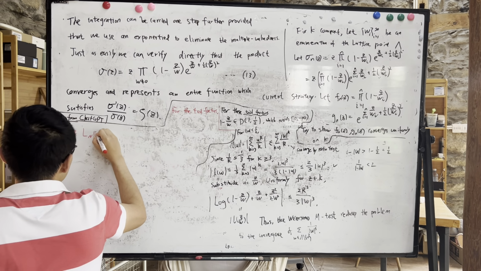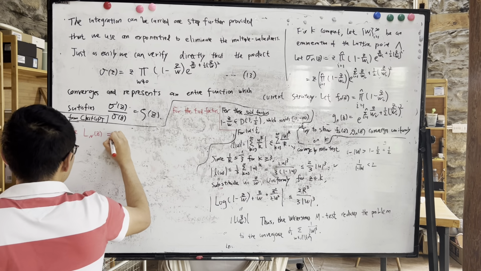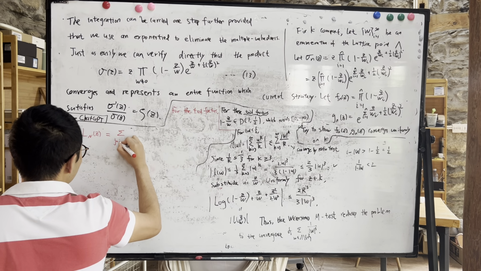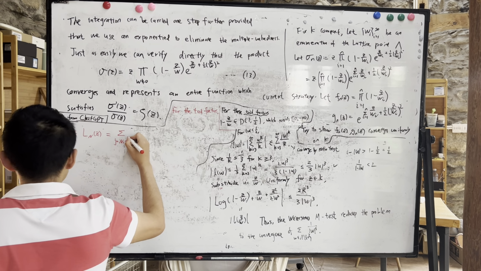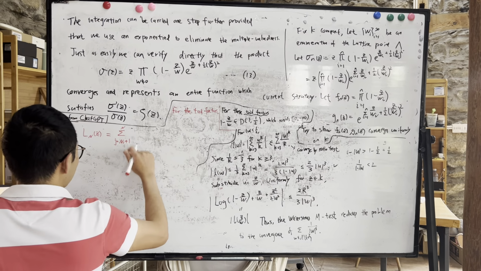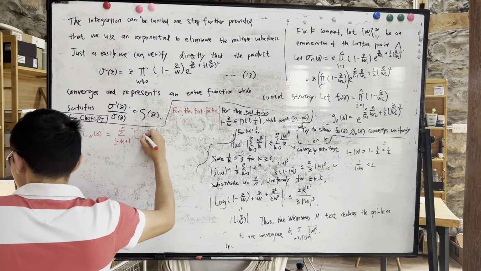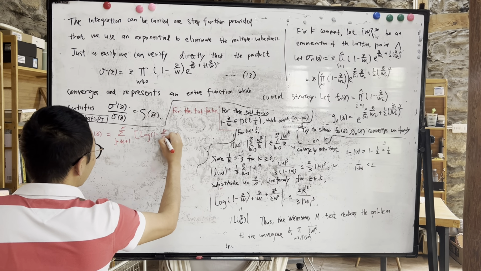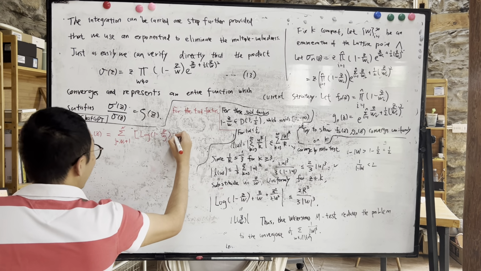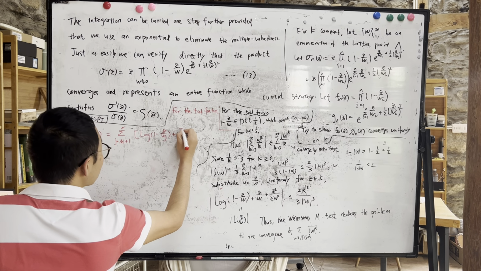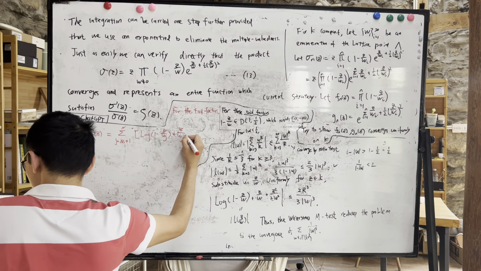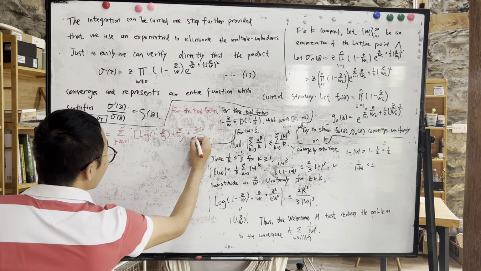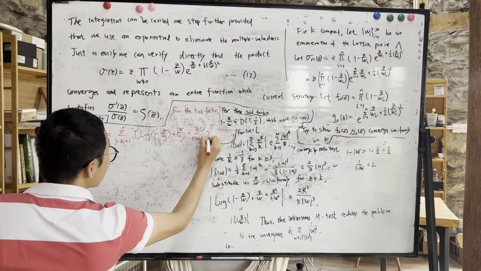Capital L_N of z to be equal to the sum from j starting from N0 plus 1 to capital N. So he's using only the tail factors. Sum over the log of 1 minus z over omega j plus z over omega j plus z squared over 2 omega j squared.